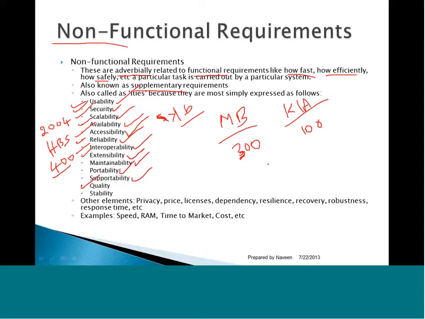So the engineers actually built a Mercedes-Benz, and at the end of the build, they built a car that met 200 of these 300 requirements. While the engineers at the Kia plant were able to build all these 100 features for whatever 100 features were given.